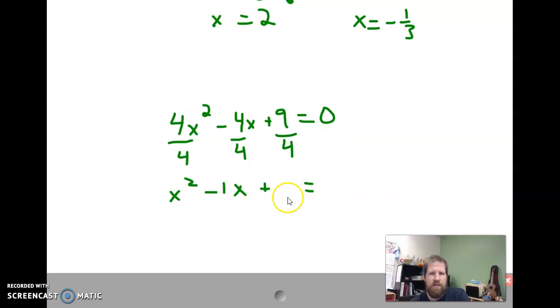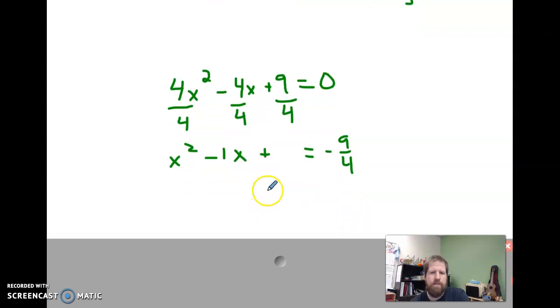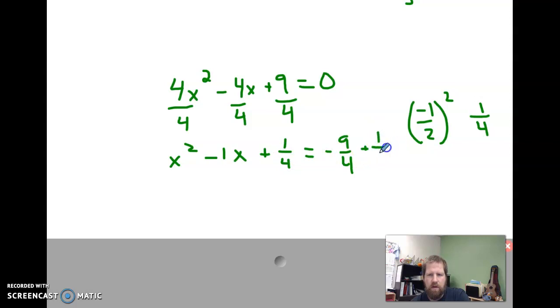So I get plus some number equals -9/4. Now I do my -1 divided by 2 squared to get 1/4. So that's going to be my term. I add 1/4, I add 1/4.